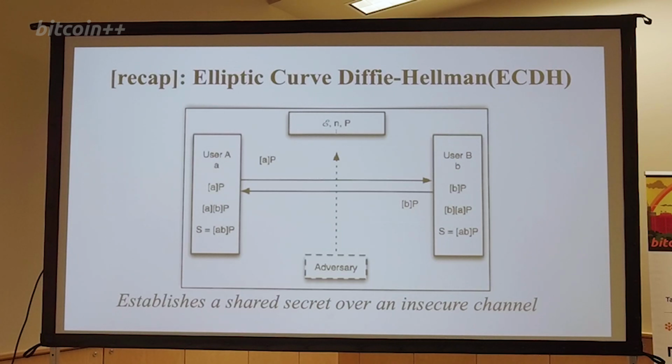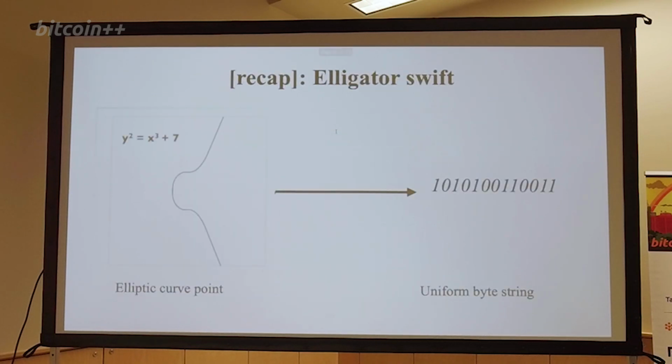Public keys are basically points on an elliptic curve, so they will always satisfy the equation y squared is x cubed plus 7 mod p. Any passive observer, like internet service providers, if they do traffic analysis on it, will be able to know that a public key is being transmitted over the network rather than a random byte stream.